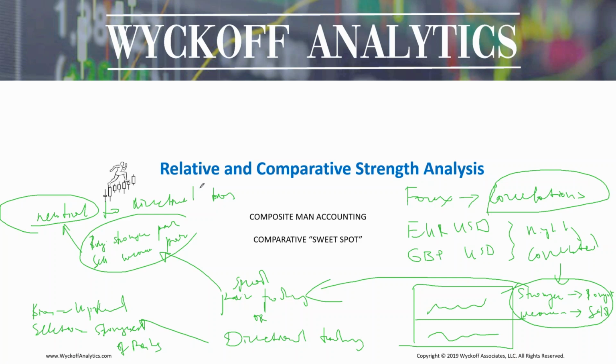So your uptrend in that stronger pair should show you an outperformance. So it could look something like this. A stronger pair might look something like this. And then a weaker pair will look like this.